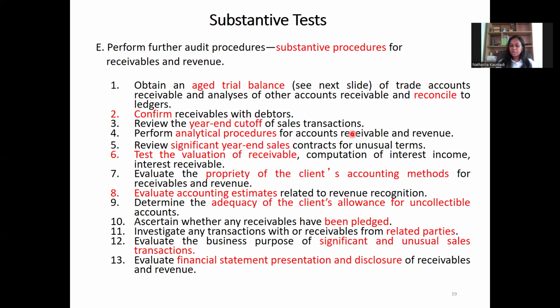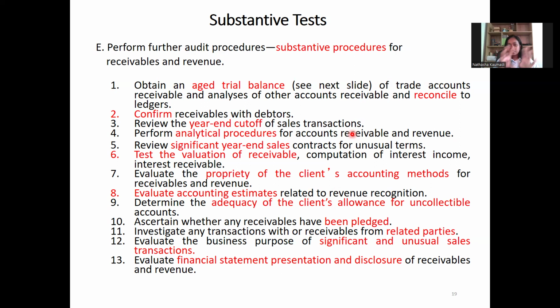Review year-end cutoff of sales transactions. You are reviewing the cutoff. How to do the cutoff test? Your cutoff is 31st December 2023. Maybe you take the last 10 or 20 transactions that happened in 2023 and the first 10 or 20 transactions that happened in 2024.